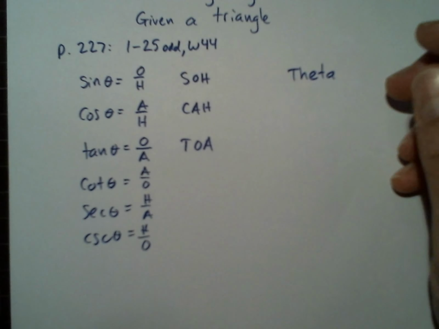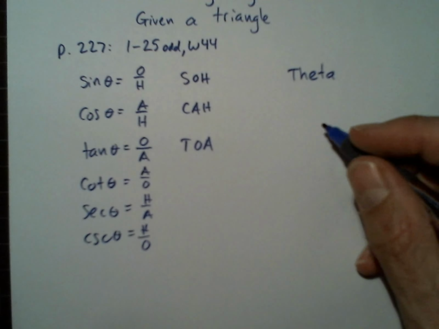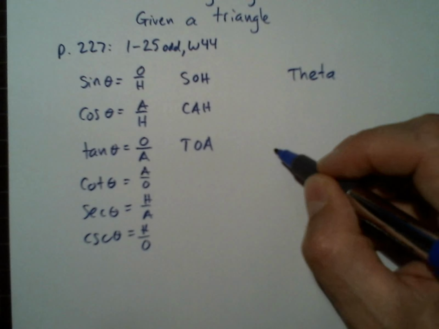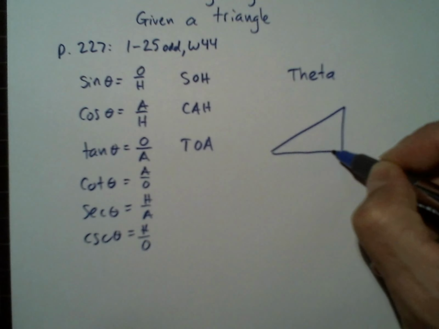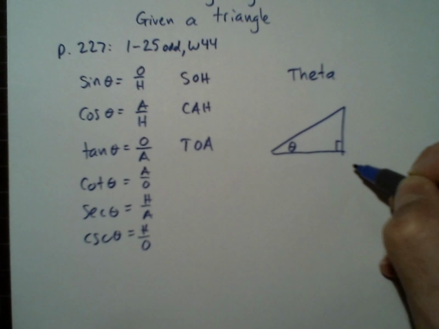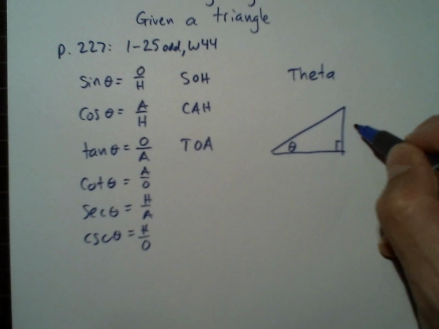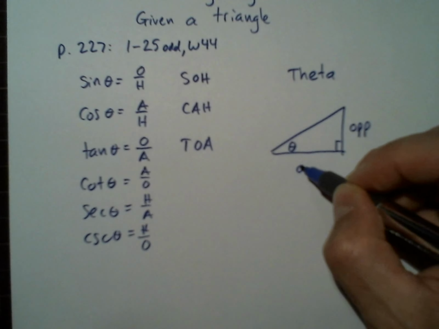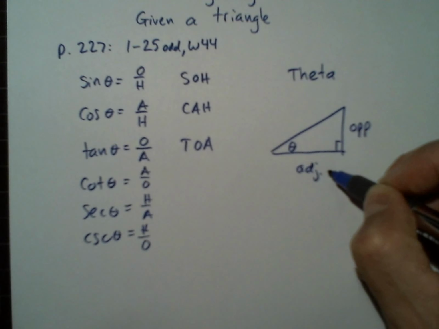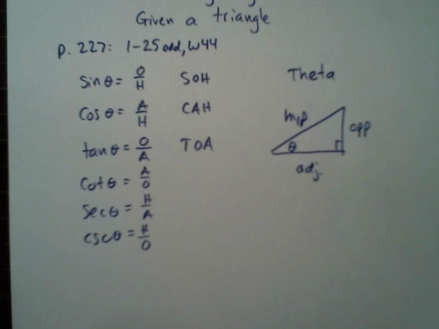And when we talk about opposite, adjacent, and hypotenuse, we are talking about if that's theta, then this is the opposite of theta, and that's the adjacent to theta, and there's the hypotenuse.